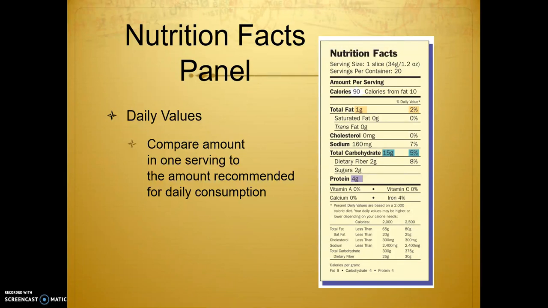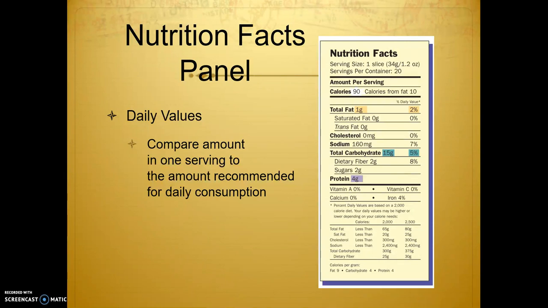It can be parallel to the product display panel, such as what you're seeing on the screen right now, or it can be perpendicular, which would mean that it would be turned on its side so it's the long way across the package. One of the rules for this nutrition facts panel is that you do not include the product name in it.